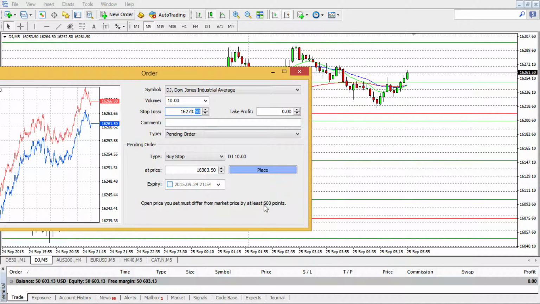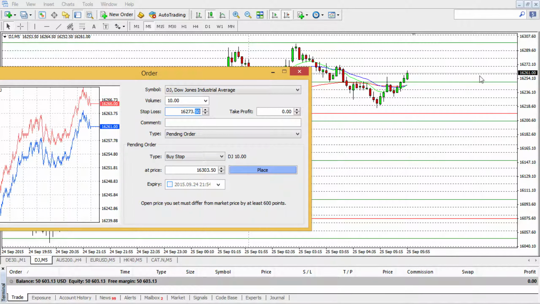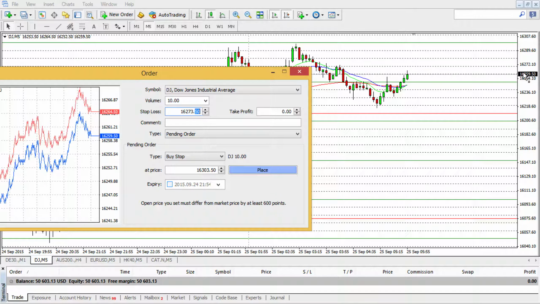So we need to be 6 points above the actual price. So let's say now the price is 61.60. So 66.50 would be the minimum for our order. So it has to be a minimum of 6 points away from the actual price, in both ways, either if it's sell or if it's buy. And we press place.